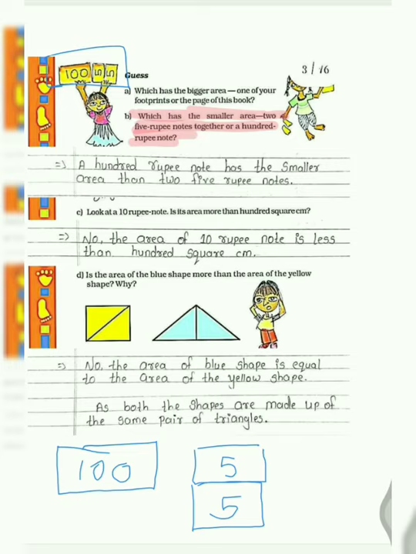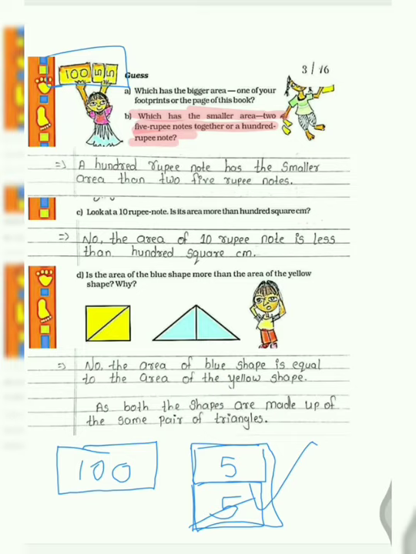Can you tell me which notes will cover more area? Obviously these two, right? Because if we take only one note, then this will cover a bigger area. But here 2 notes are given and we have to observe the area of both the notes.